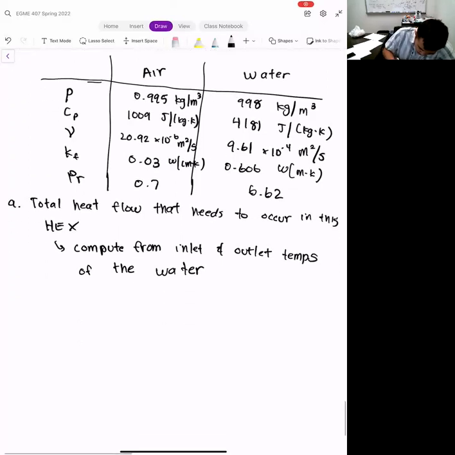Q total here is equal to m dot Cp of the water multiplied by the inlet temperature of the water minus the outlet temperature of the water.